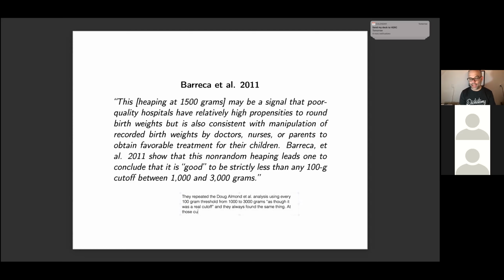At those fake cutoff heaps, you were always better off being born 1 gram below the heap than at the heap, even though those 100-gram thresholds have no treatments associated with them.